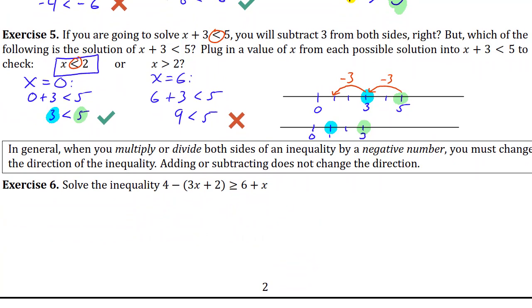So what I would do first, just to make it a little simpler, is start by distributing the minus into here, subtracting each of these terms. It's going to give you 4 minus 3x minus 2 is greater or equal to 6 plus x. 4 minus 2 is 2.